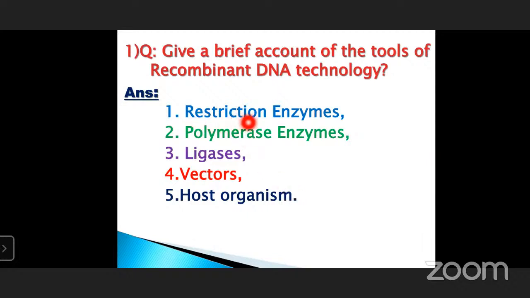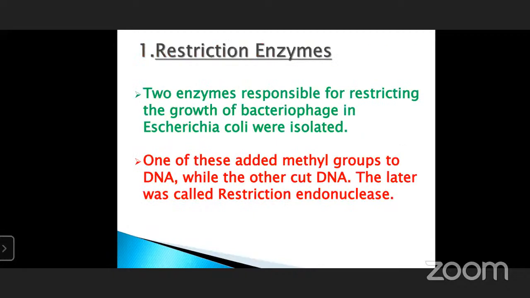Once again, I repeat it. The major tools of rDNA technology are restriction enzymes, polymerase enzymes, ligases, vectors, and the host organism or its competency. First, we discuss the first tool, restriction enzymes.